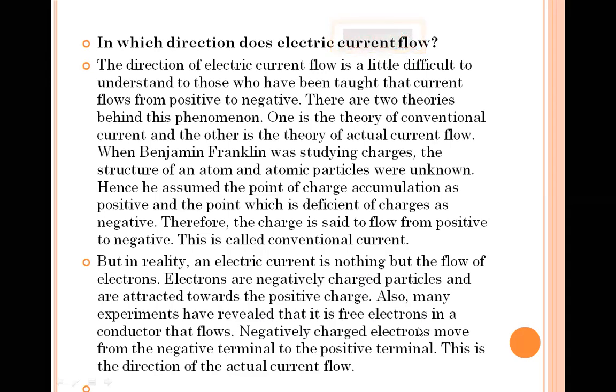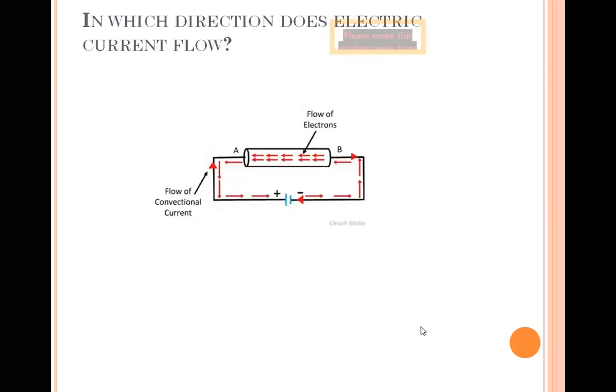This is the direction of actual current flow. From this diagram, it is clear that electrons flow from B to A, from negative to positive, but the direction of current that we always draw is opposite to the flow of electrons. But the current is due to the flow of electrons.